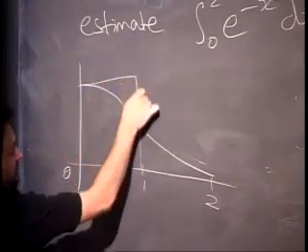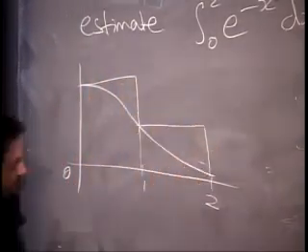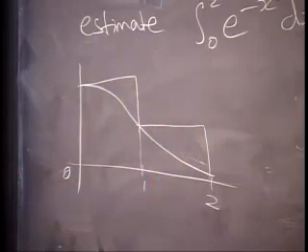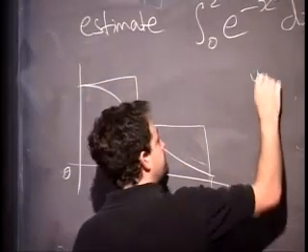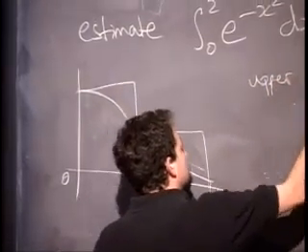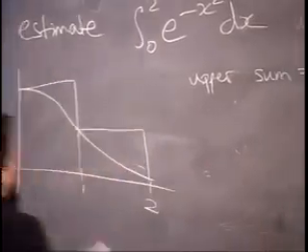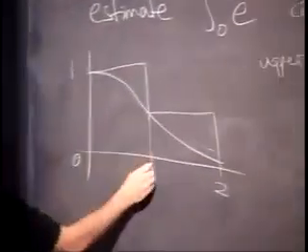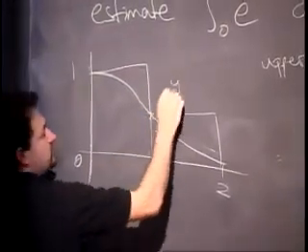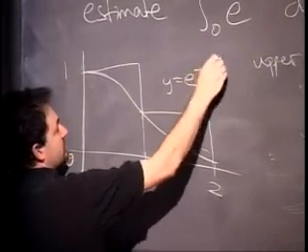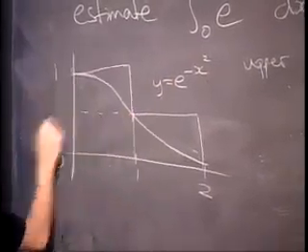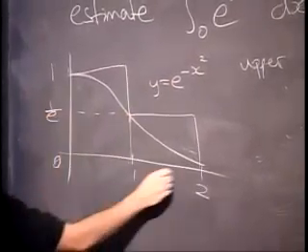The upper sum looks like this. And we just need the area of those two rectangles. So upper sum equals, well, what's this height? This is 1, and this is the curve y equals e to the minus x squared. So this is just e to the minus 1, which is 1 over e.